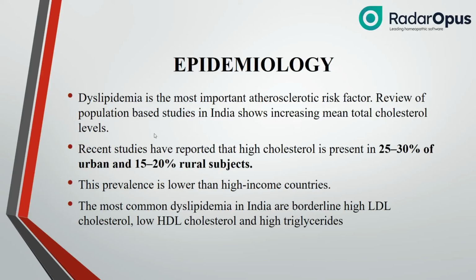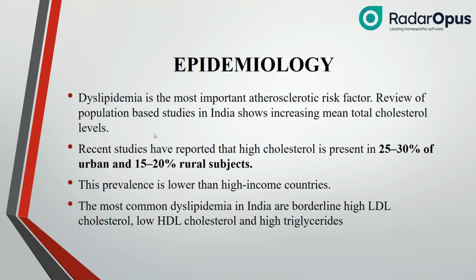The recent studies have reported that high cholesterol is present in about 25 to 30% of the urban population and in about 15 to 20% of the rural subjects. Now this prevalence is lower than in high income countries. Many high income countries have a higher prevalence than India, but it is mainly increasing day by day.